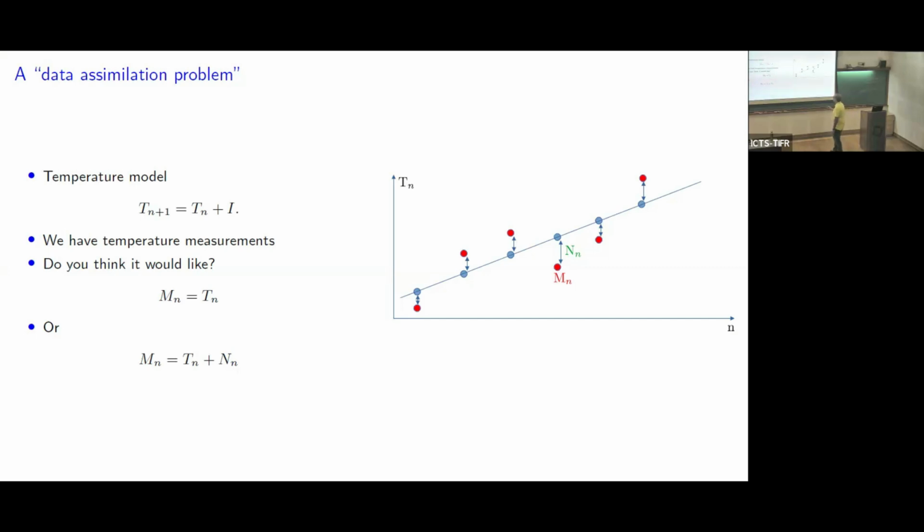The values will be slightly different. This difference between the value that you measure and the true value of temperature is what we are calling Nn.